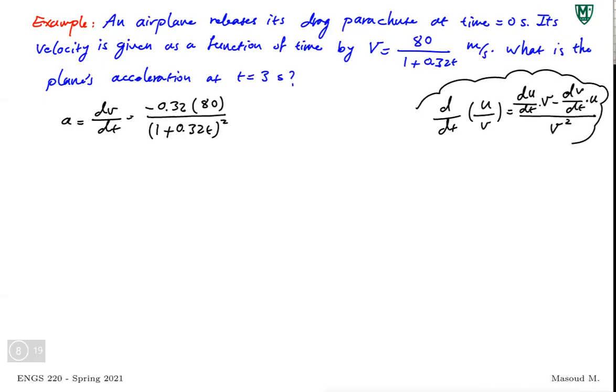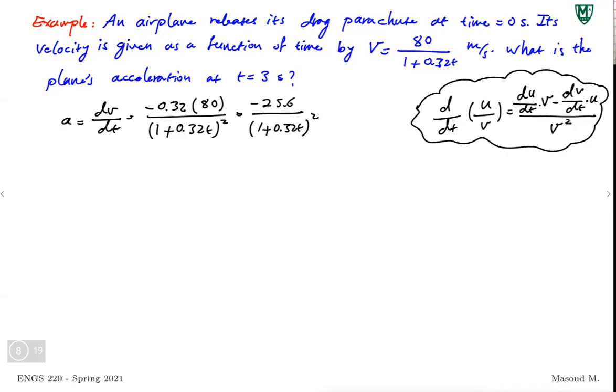I don't know who doesn't remember this, but just in case. All right, if we do the multiplication, this becomes a minus 25.6, and the denominator just stays the same, t squared.